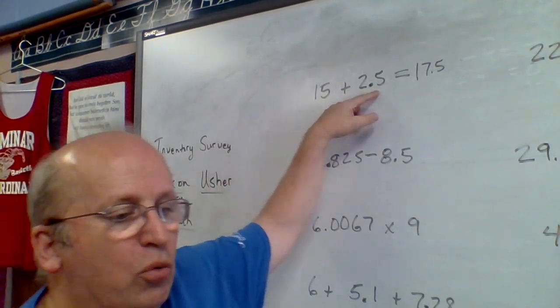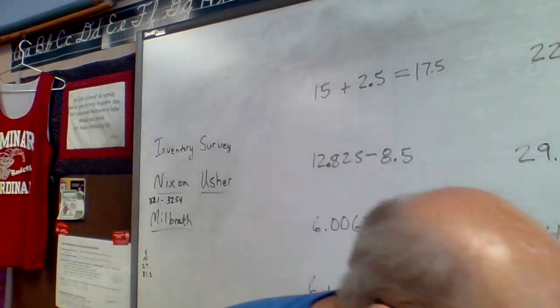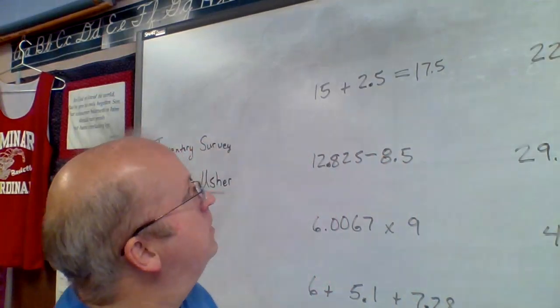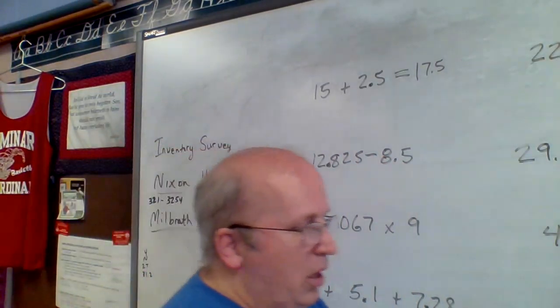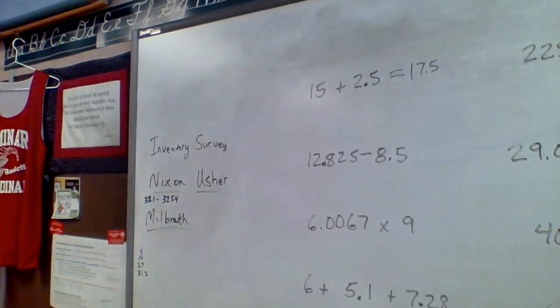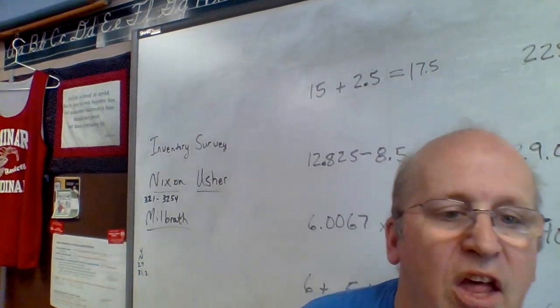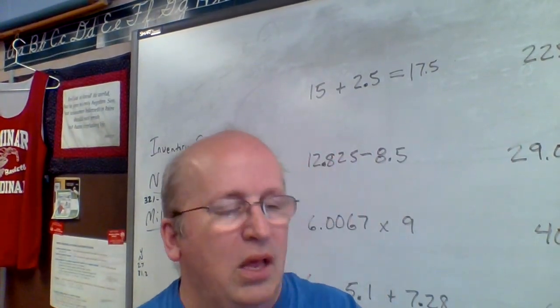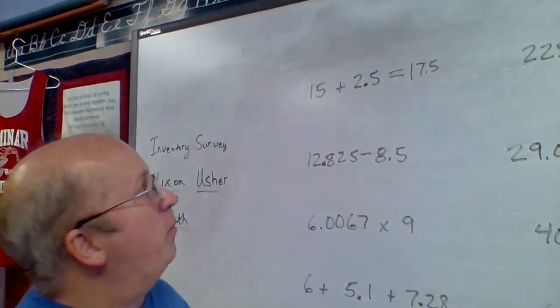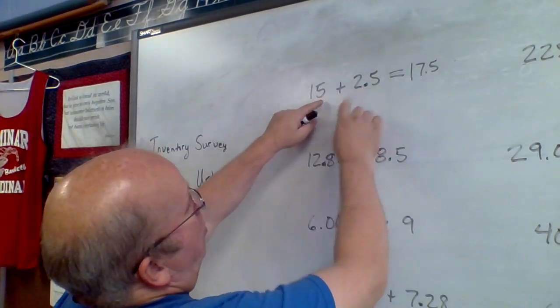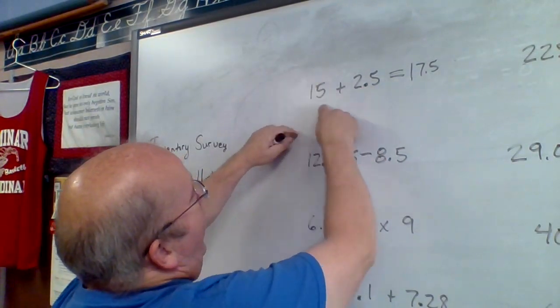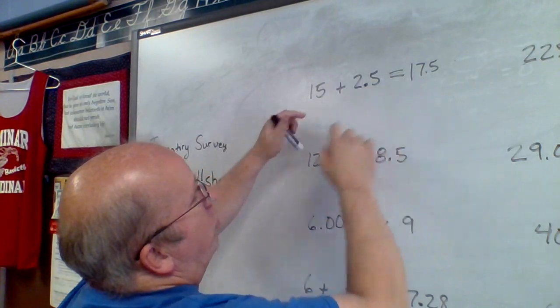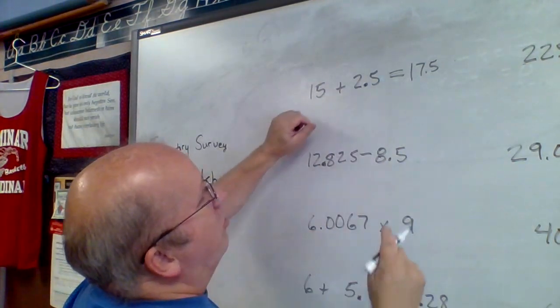So the answer we want in this particular case is going to need to have 0 decimal place values, because we always adjust our answer based on the number that's part of the problem that has the least amount of decimal place values. This has 1, this has 0. So we need to make our answer also have 0 place values in the decimal slots.